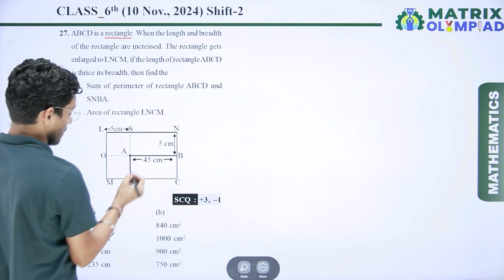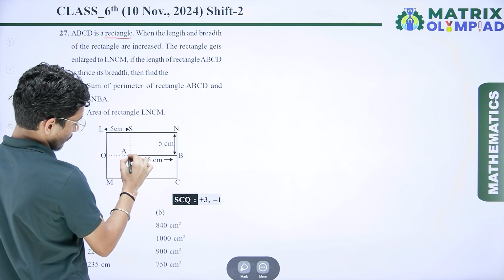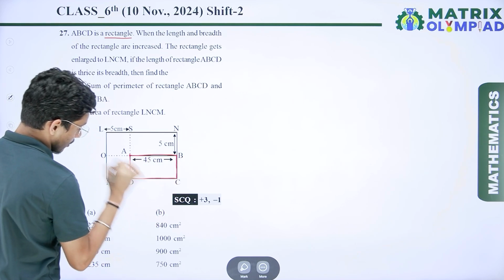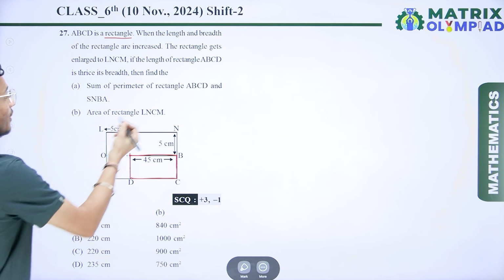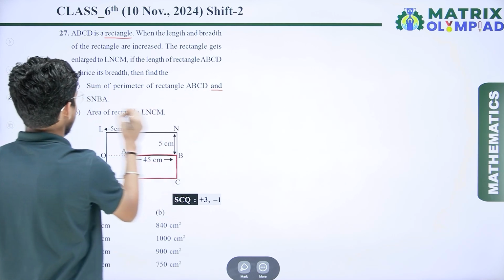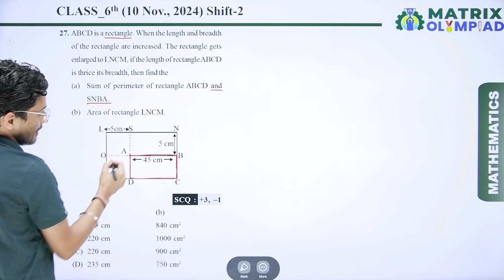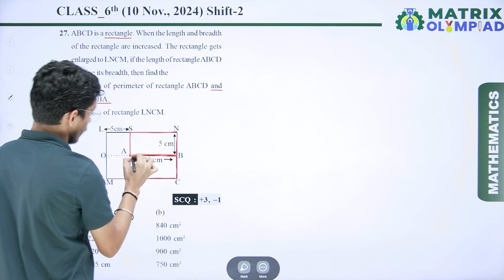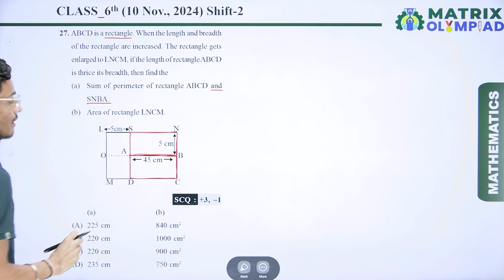So where is rectangle ABCD? Here we have A, B, C, D, and we have to find SNBA. Now we have to find the sum of these two perimeters.